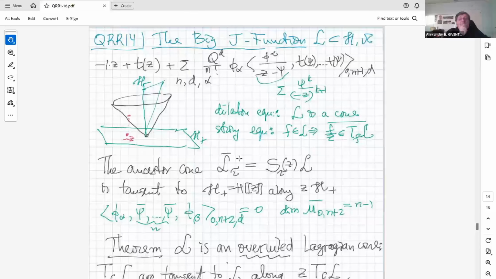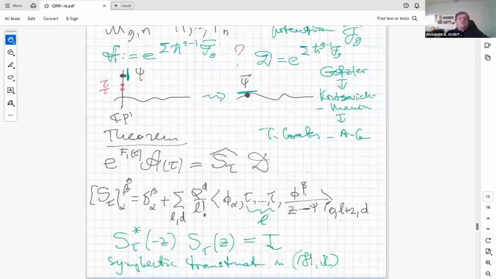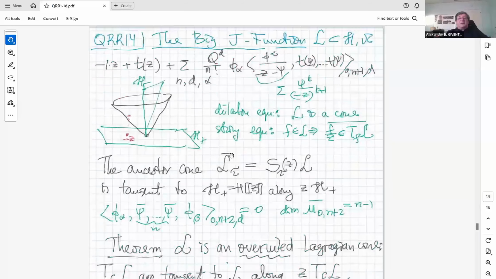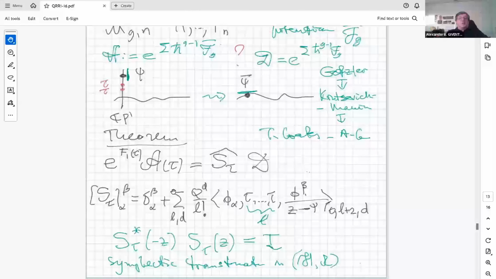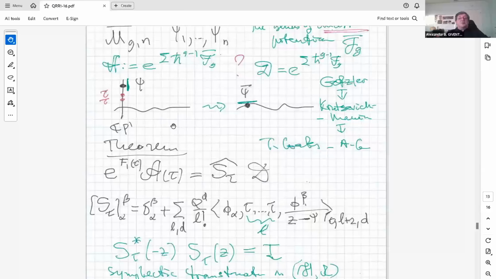Now, the main point is that if you apply the descendant-ancestor correspondence, that is, in genus zero, you need to apply that symplectic transformation S that was given by this matrix, right? Apply it to get the graph of the differential of the genus zero ancestor function.